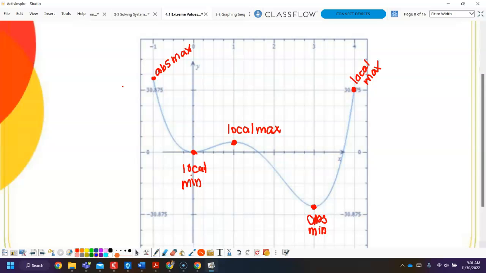So we have an absolute max at x equals -1, and whatever you think that y value is, 36, I should say. Then you have a local min at 0, 0. You have another local max at 1. You have an absolute min over at 3 and a local max at 4.